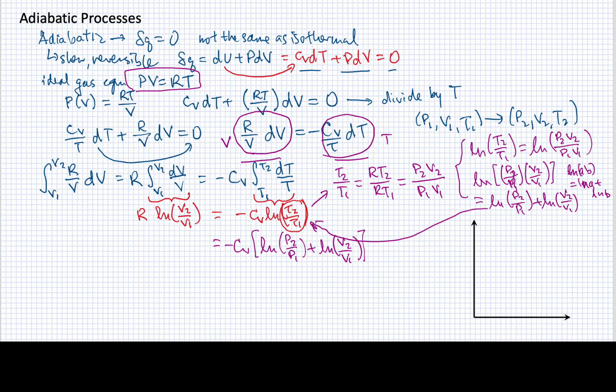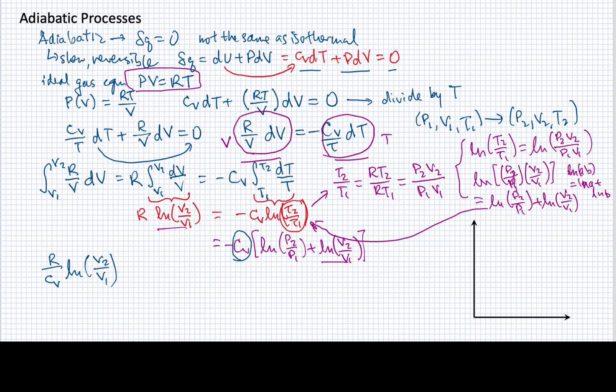Now, we'll notice that I have a log of V2 over V1 here, and I've got a log of V2 over V1 here. So how can I bring those together so that I can do something even more interesting? Well, first I want to divide by this quantity here. So if I divide both sides by that, I'll end up with R over CV multiplied by log of V2 over V1.